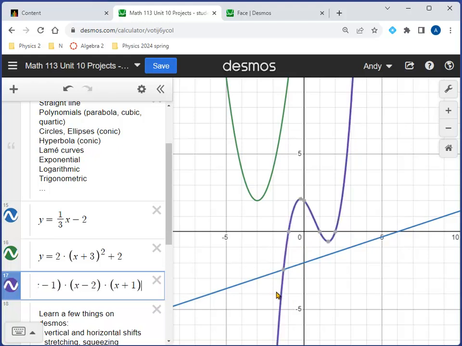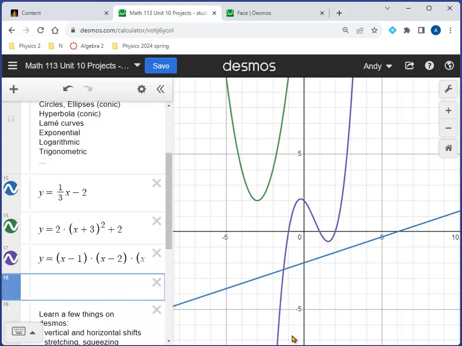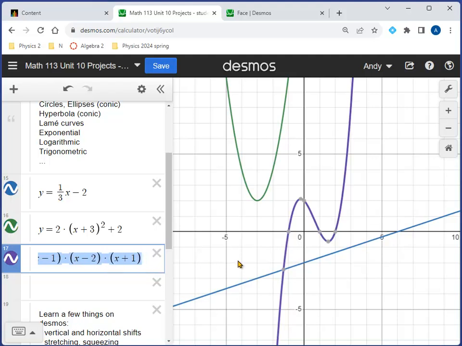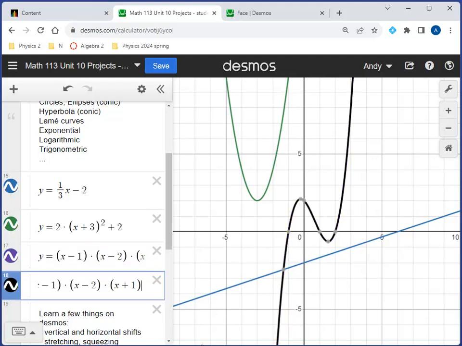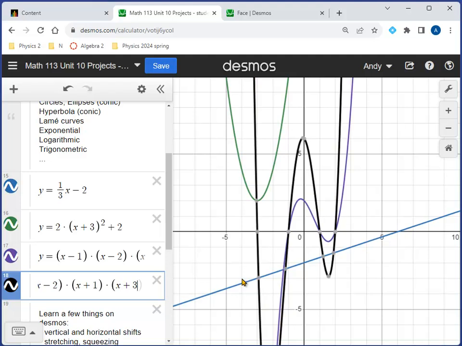That's the cubic, the way it looks like. I'm just going to go one more, which is the quartic, in order to save myself some typing. I'm just going to copy this one here and put another one in the back. So x plus 3, for example, and that's how it would look like.